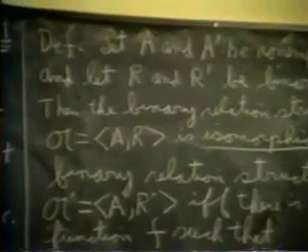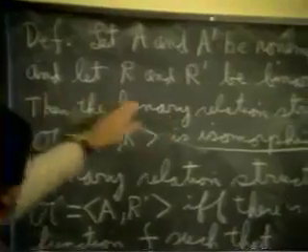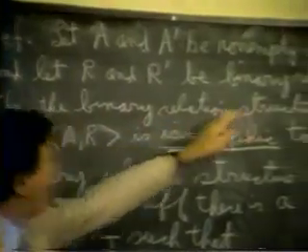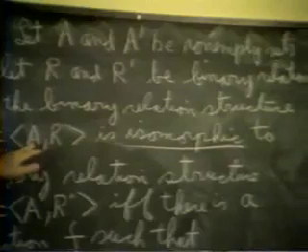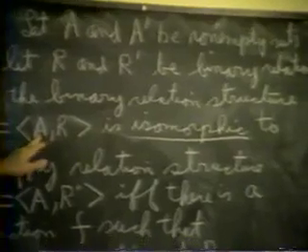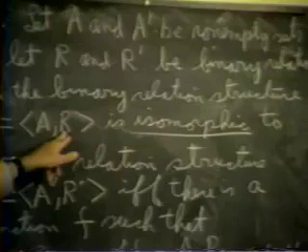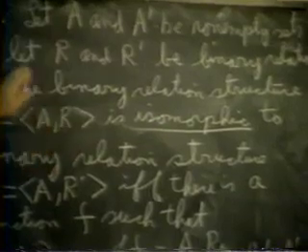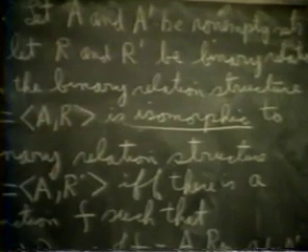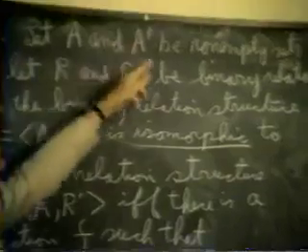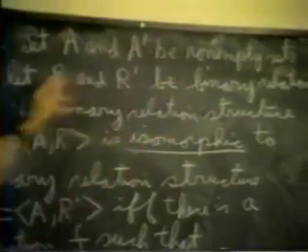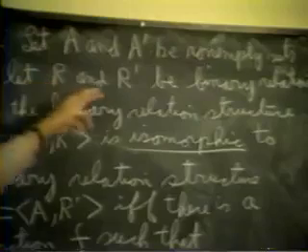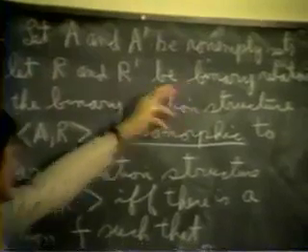What I've done is to consider binary relation structures. Such a structure consists of a non-empty set A and a binary relation R on A. So I have an explicit definition here. Let A and A prime be non-empty sets, and let R and R prime be binary relations.